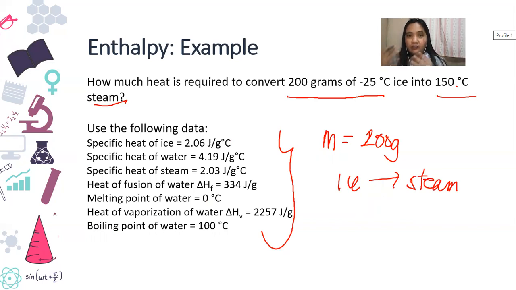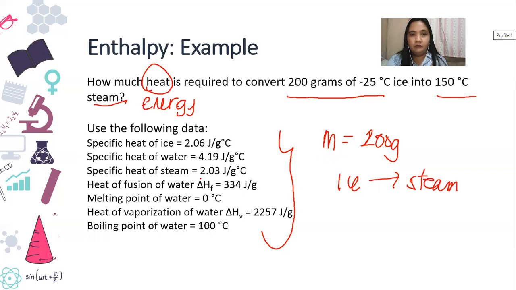So you have to really understand the phase changes. And then it says there how much heat. Sometimes the problem would say how much energy. Okay, but it's all the same. I just want you to get the process on how to analyze a problem like this.